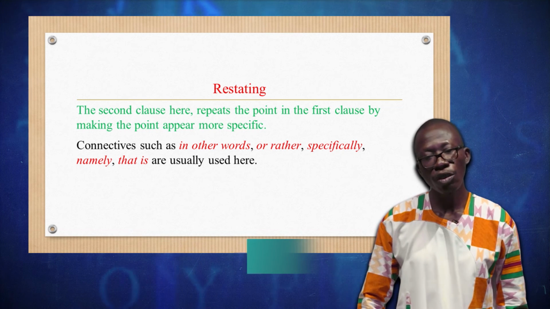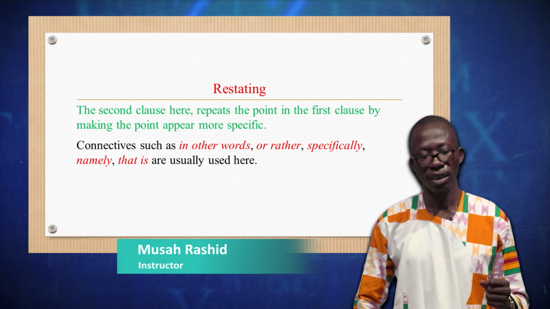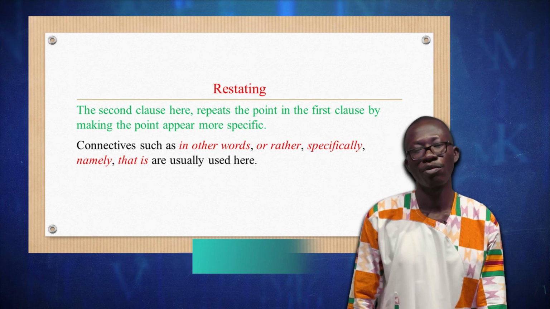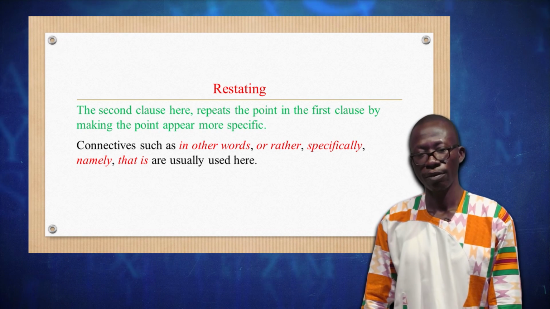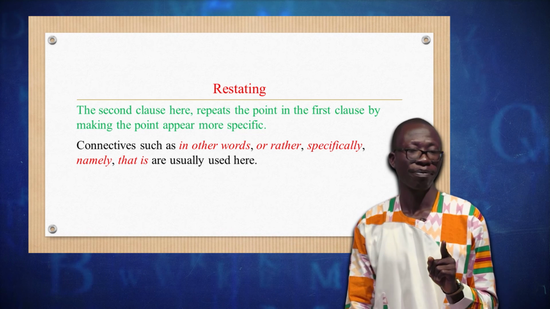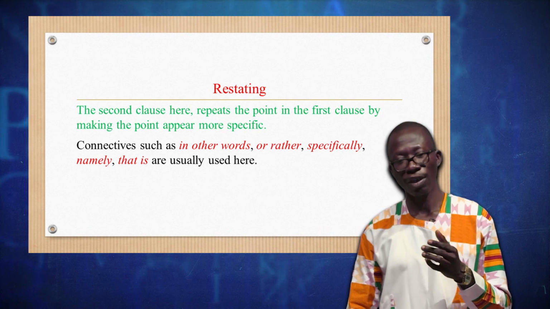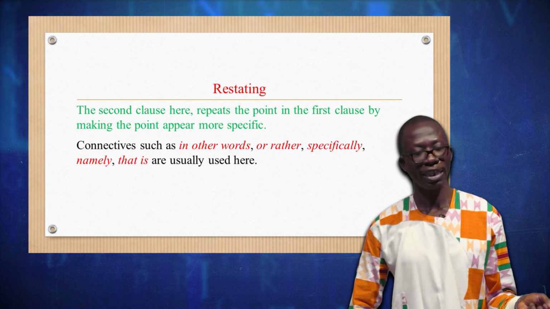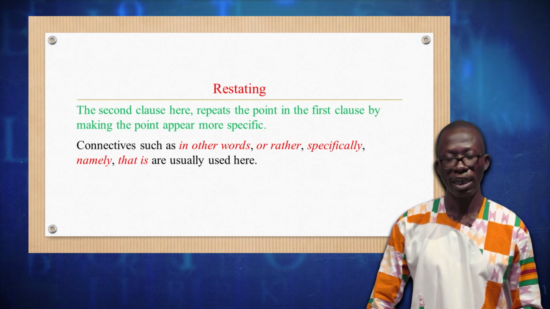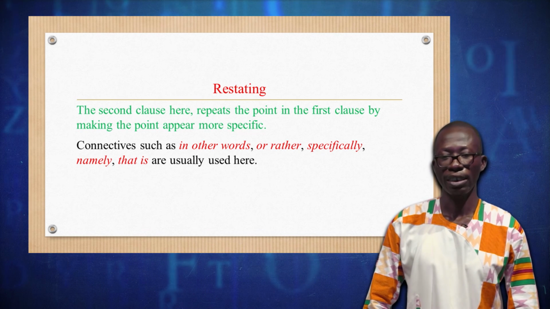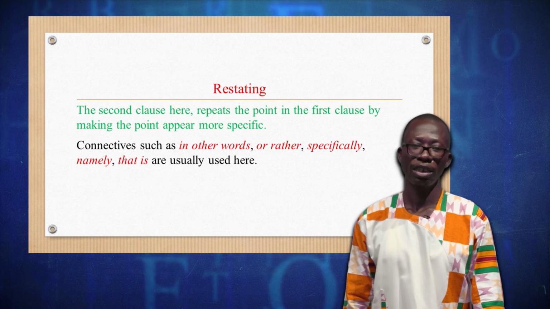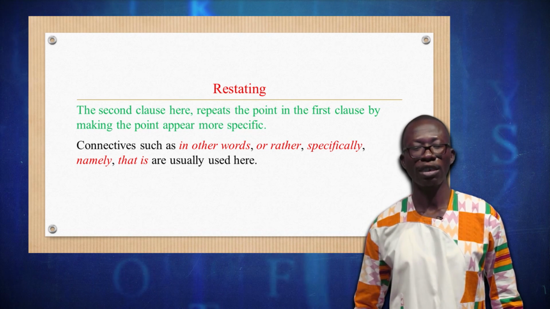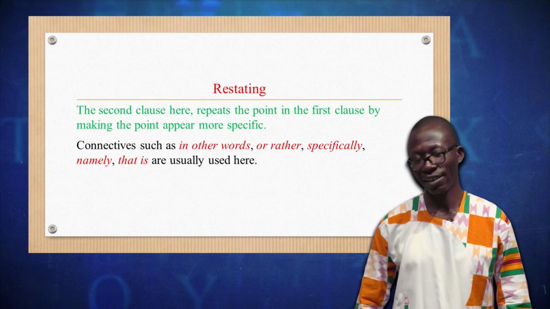We looked at restating, exemplifying, and upgrading as methods available to writers and speakers. And remember, under coordinators, we have classes of coordinators: under addition, under contrast, and under choice. Then under subordination, we have simple subordinators, complex subordinators, and correlative subordinators.